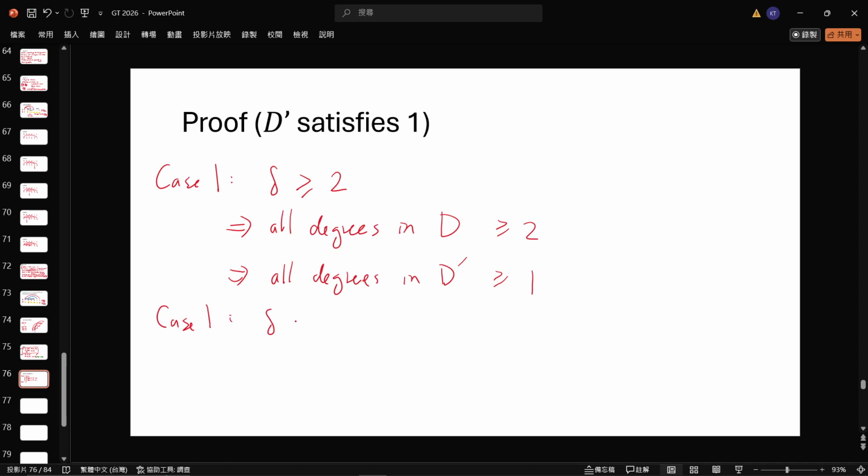And the other case is when the smallest degree is 1.